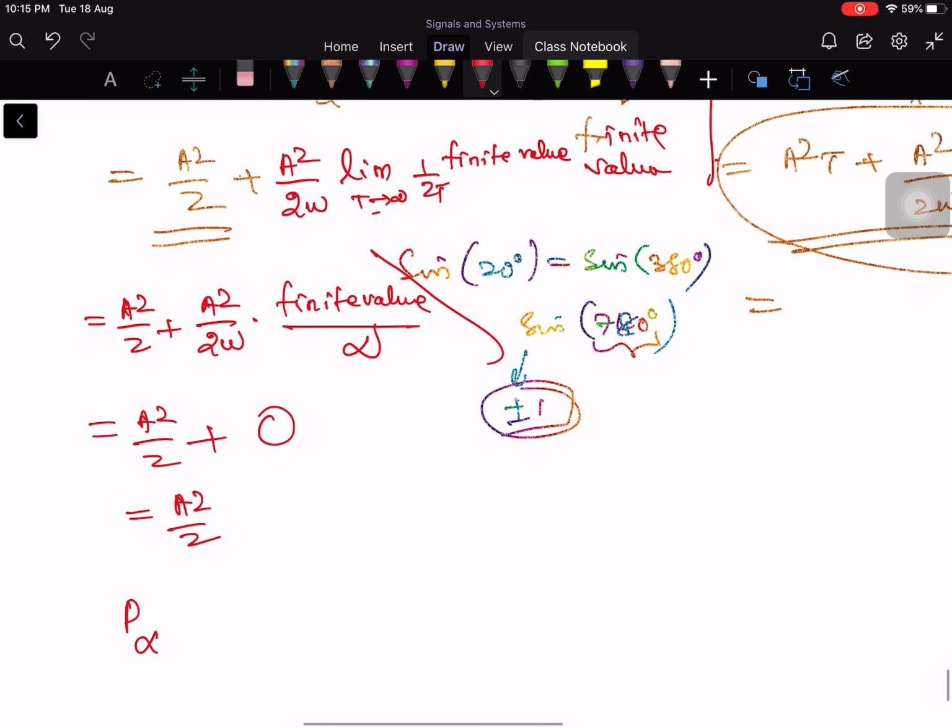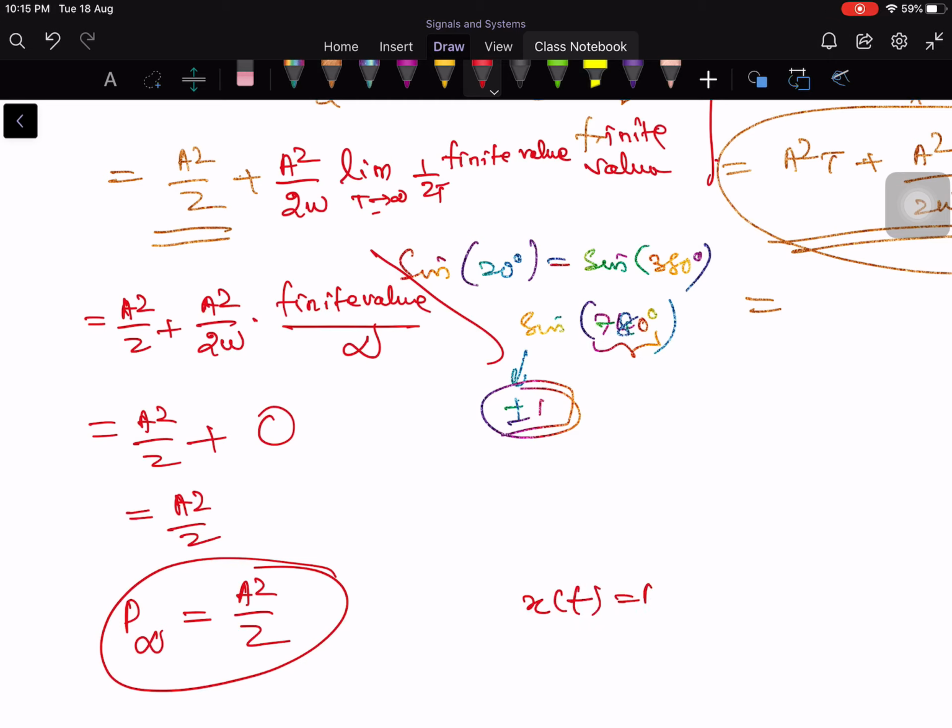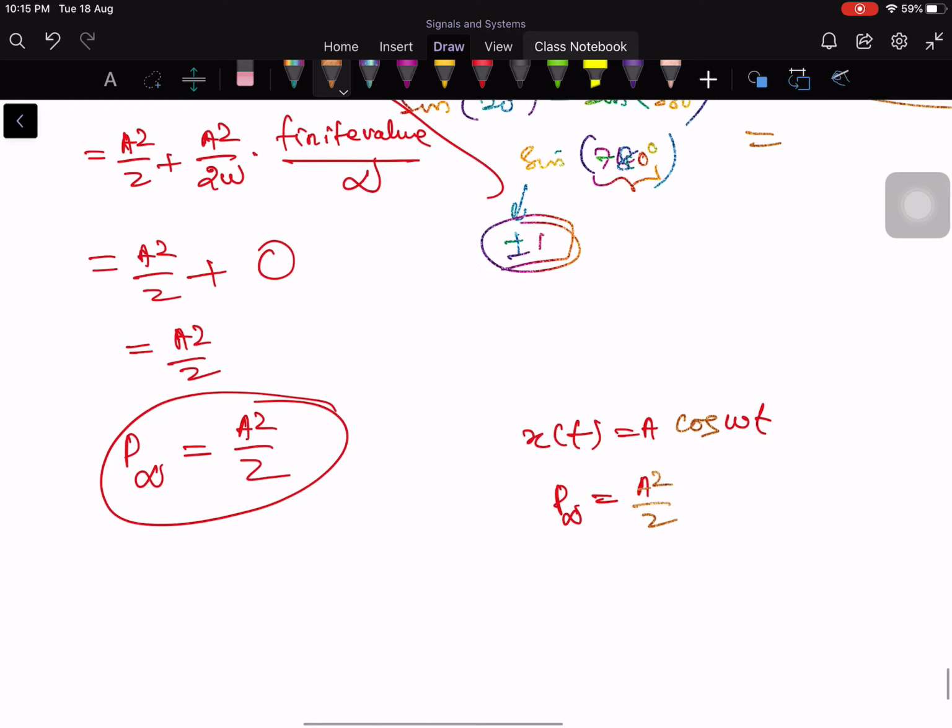Therefore p infinity is equal to a square by 2. That's all. So if we have x of t equal to a times cos omega t, then power is a square by 2.